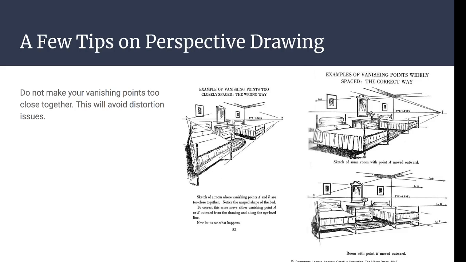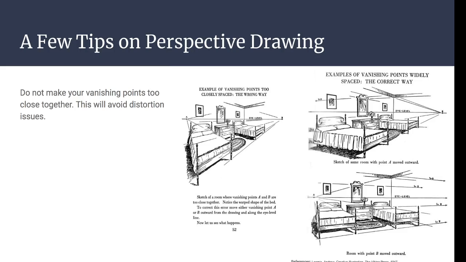And in this illustration, we can see that example. This is an illustration from a well-known illustrator named Andrew Loomis. Mr. Loomis is showing us in the first figure here, on page 52 of his book, Creative Illustration, that when you have two vanishing points close together, you get that weird converging or distortion effect, similar to the video on the cone of perspective.